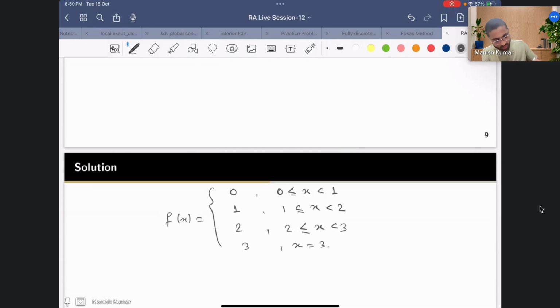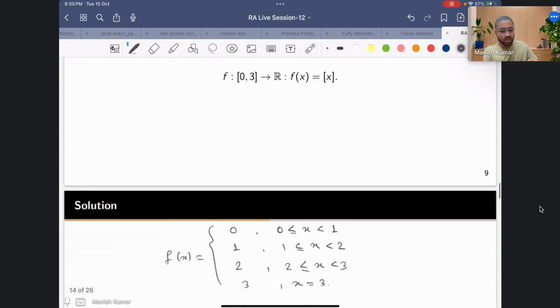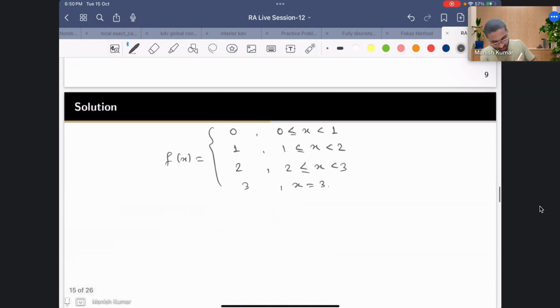Now you can clearly see that the function is continuous except at 1, 2 and 3, right? So f is a bounded function and continuous on [0, 3] minus {1, 2, 3}.